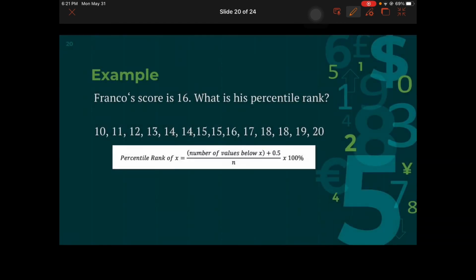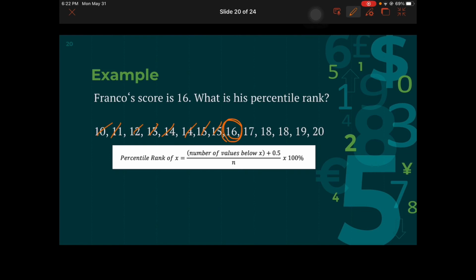Okay? So, next up we have Franco, who belongs to the same class. His score is 16. Now, what is his percentile rank? We're going to find out using this formula. So, nasaan ang 16? Ito. And we're going to find the number of values below 16. So, that's 1, 2, 3, 4, 5, 6, 7, 8.